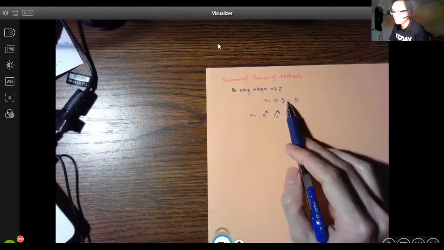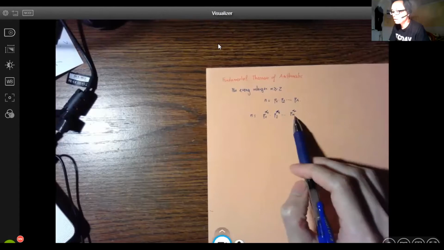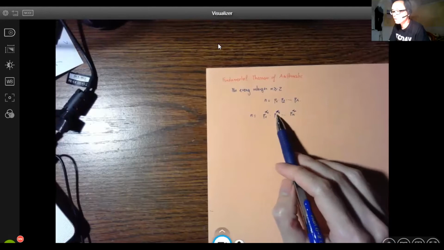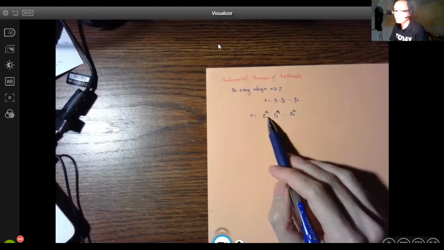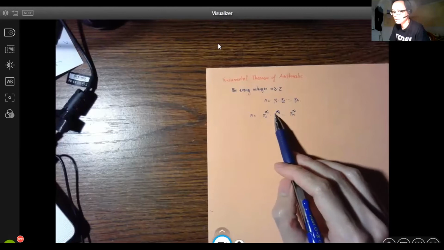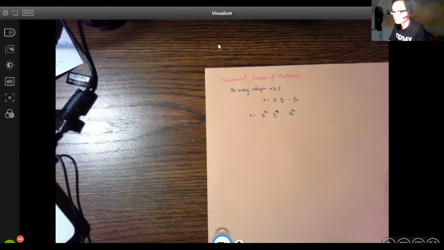But over here, p1, p2, and pn must be distinct primes. For alpha 1, alpha 2, and alpha n, it could be the same. For example, alpha 1, alpha 2 could be the third power or the second power. It doesn't matter. So that is basically what the fundamental theorem of arithmetic is.